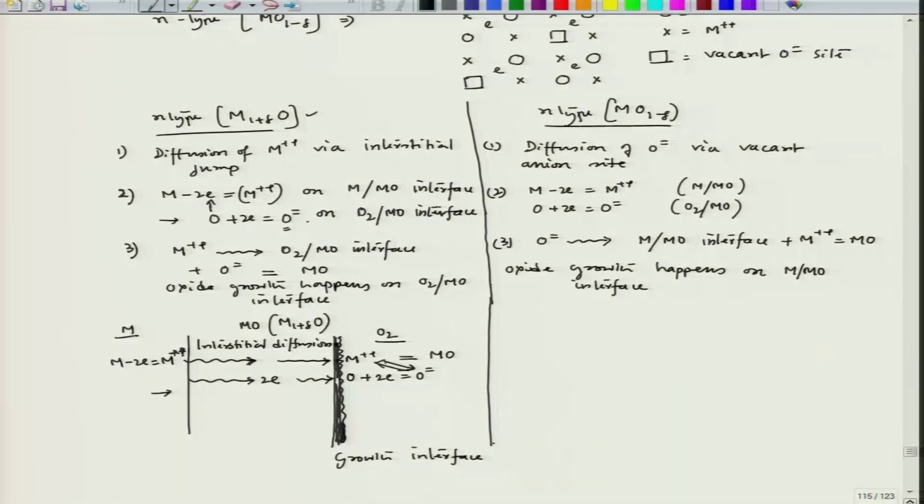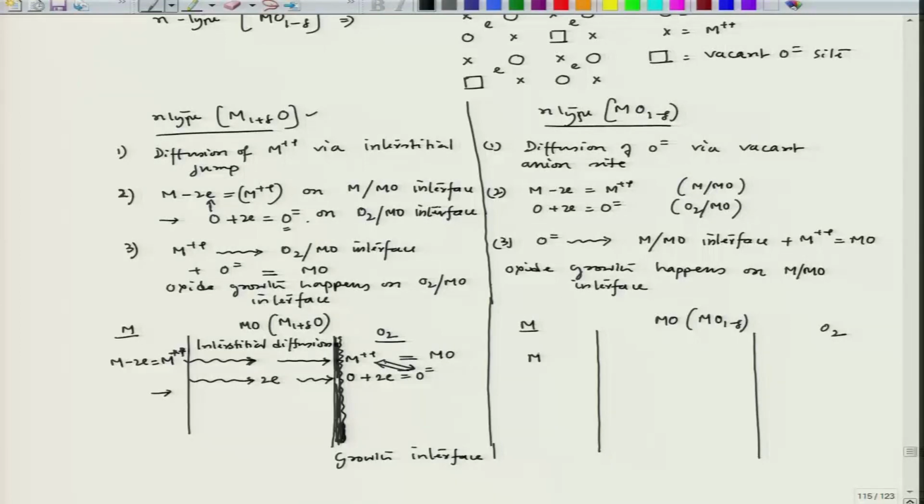Now, in the case where you have an oxygen-deficient n-type oxide, this is again the oxide layer, which is nothing but M1-δO, this is M, this is oxygen.